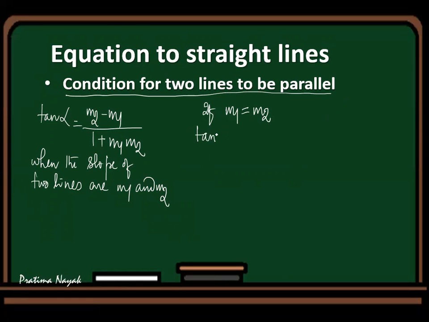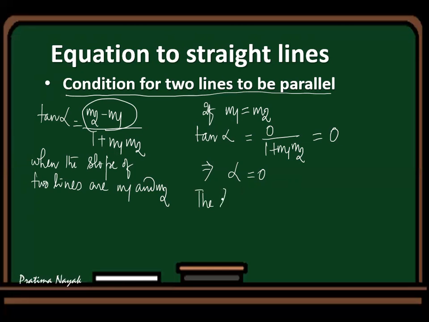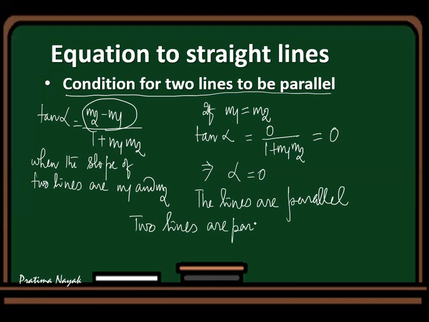So that time you will get the numerator as 0. When numerator is 0, the value of tan alpha will be 0. When tan alpha is 0, alpha is equal to 0 because tan 0 is 0. So when alpha is 0, it means there is no angle between them, or the lines are parallel. So what we conclude? Two lines are parallel if their slopes are equal.